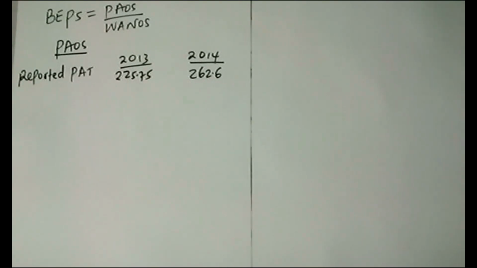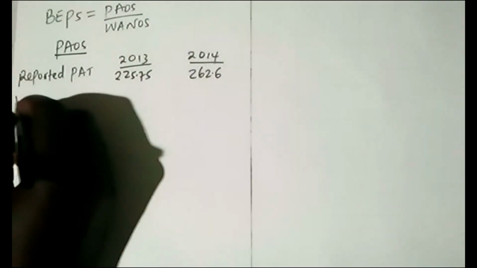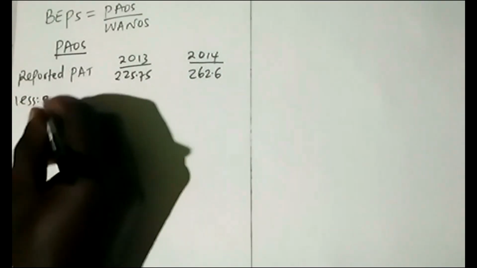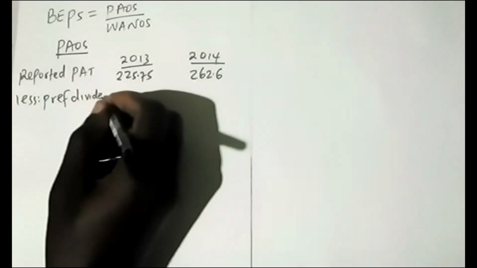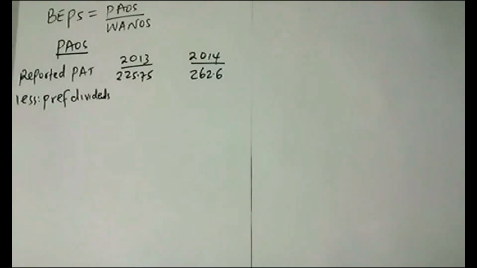Then after that, we have to deduct preference dividends. Concerning the preference dividends, when shares are converted, you have to pay up to the conversion date.